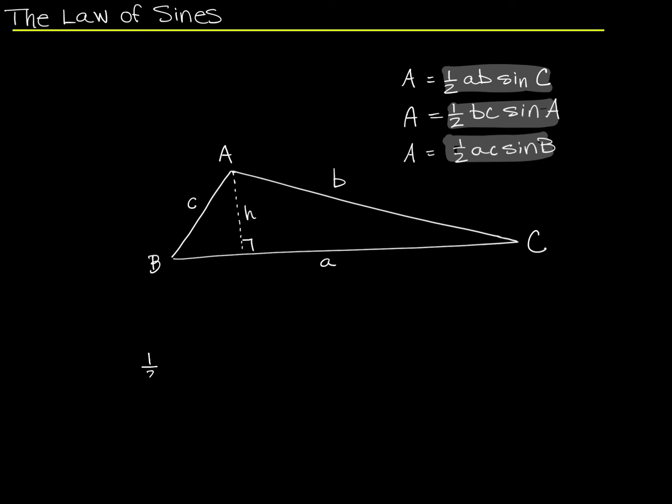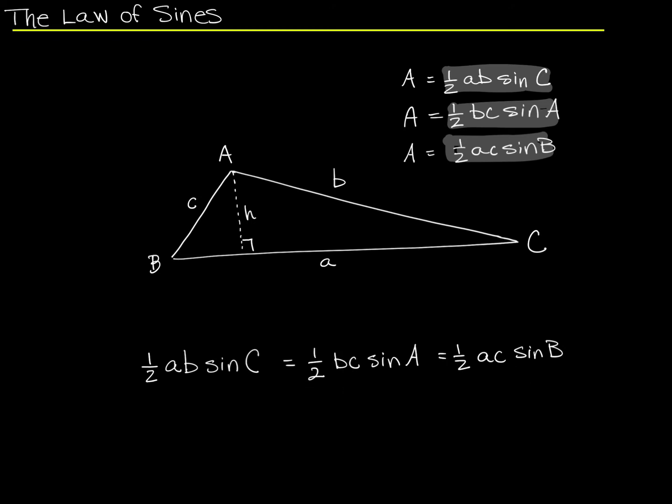So that lets me write 1/2 AB times the sine of C is equal to 1/2 BC times the sine of A, and that is equal to 1/2 AC times the sine of B. If you imagine this equality written down and you multiplied both sides by 2, it would cancel the 1/2s.